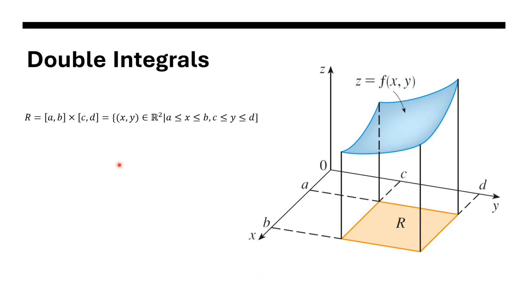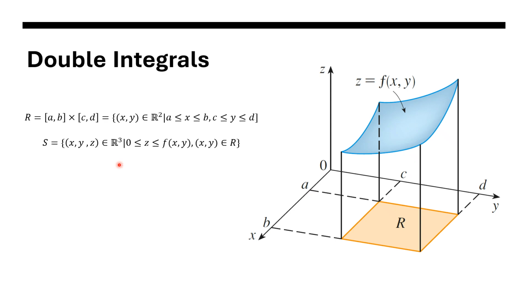This solid is defined as the set of (x, y, z) in R cubed such that z is greater than or equal to 0 but less than or equal to f of x, y, and (x, y) is an element of R.